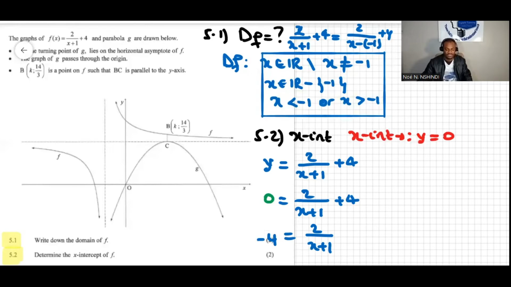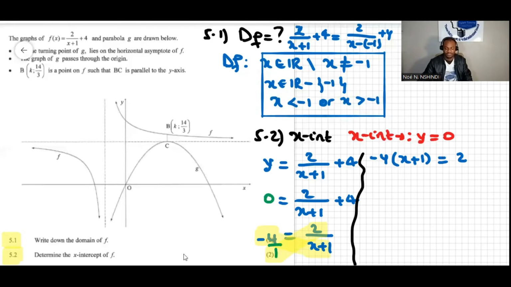Now, negative 4 here has a denominator of 1, because all integers have a denominator of 1. Now we can apply the cross multiplication technique, where I do -4 times x plus 1 equal to 2.